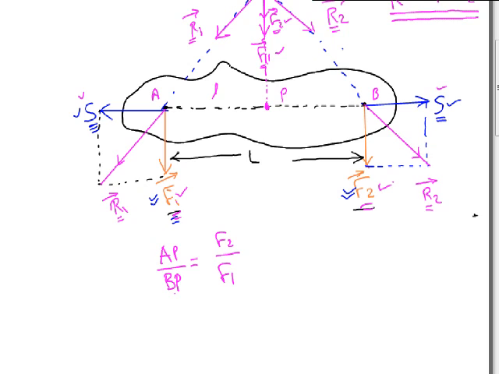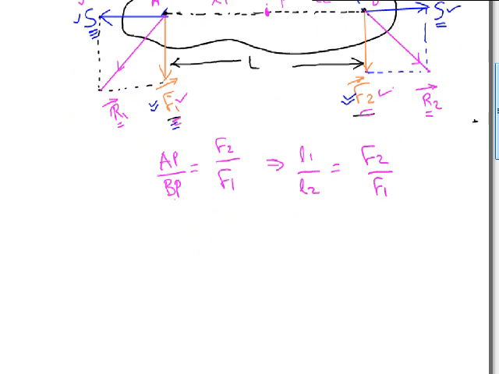Okay, for a second let us assume that AP is L1 and BP is L2. So we have L2 by L1 is equal to, sorry, I think I wrote it slightly incorrect. L1 by L2 is equal to F2 by F1. So we can write L2 is equal to F1 by F2 into L1. Okay.